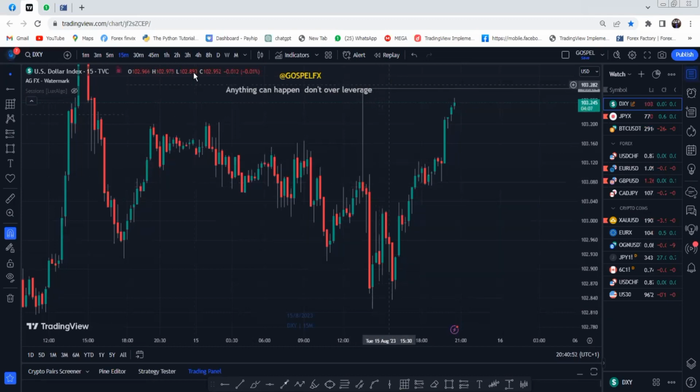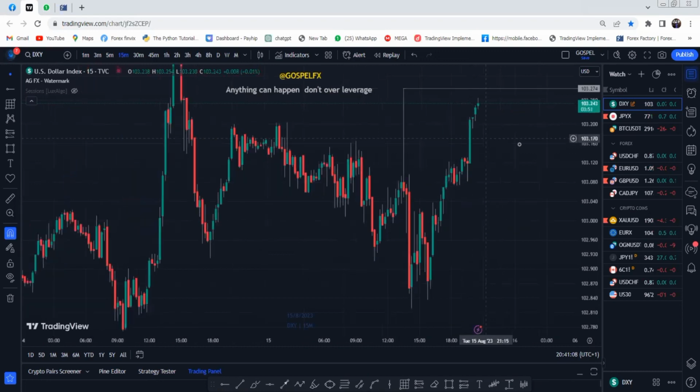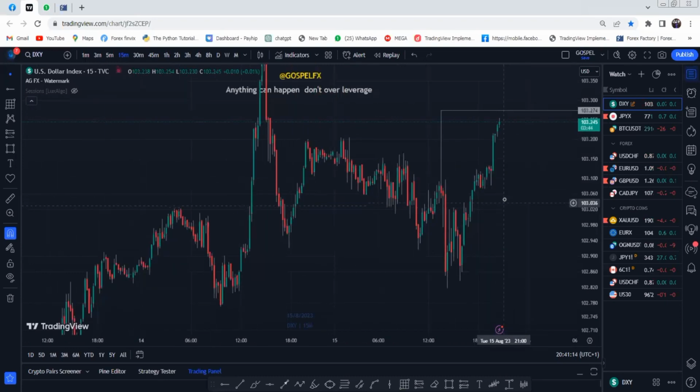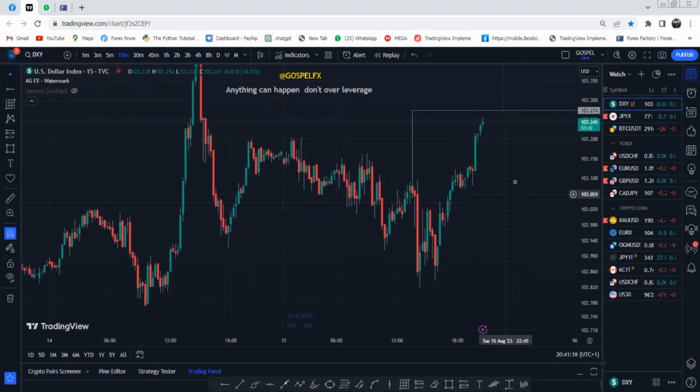For example, this is the US dollar index, the chart for the US dollar, in terms of their economy, currency strength, and all those things. This is how the currency pair is. Right now the current exchange rate for the dollar index is about 103.24245.